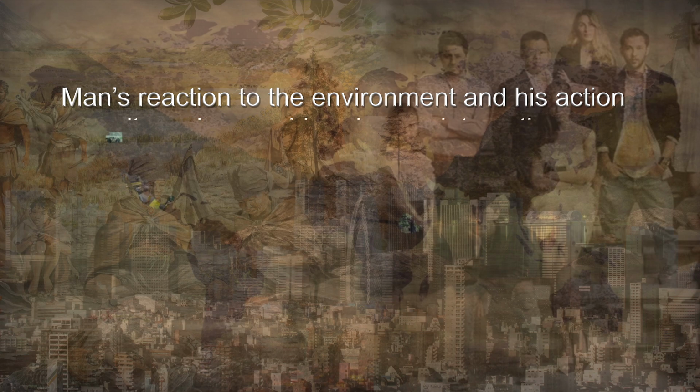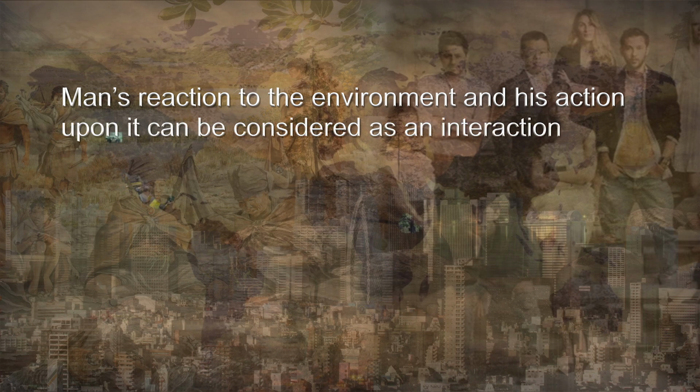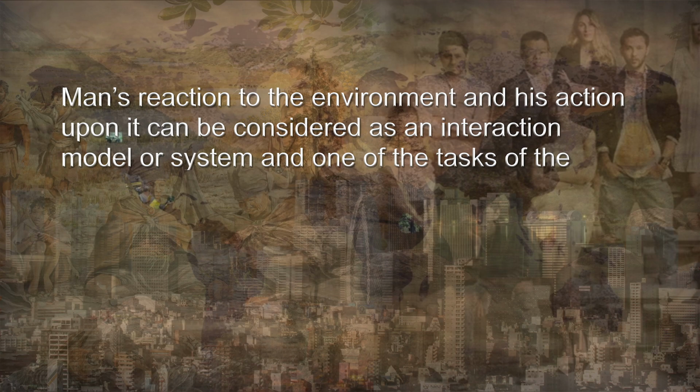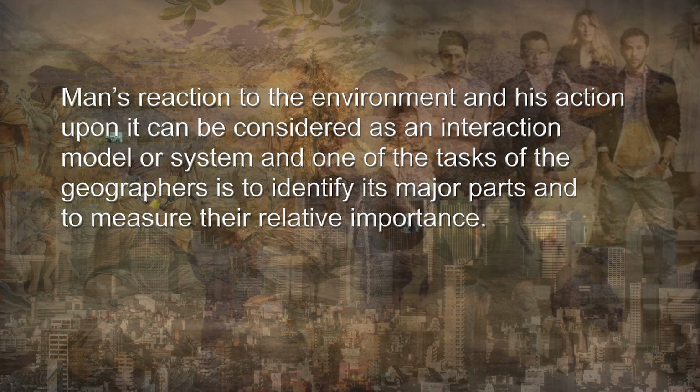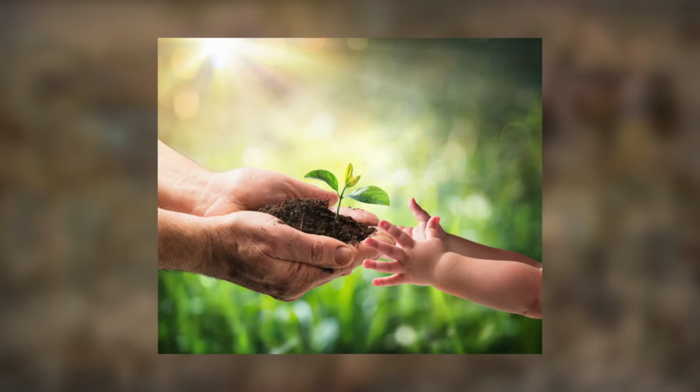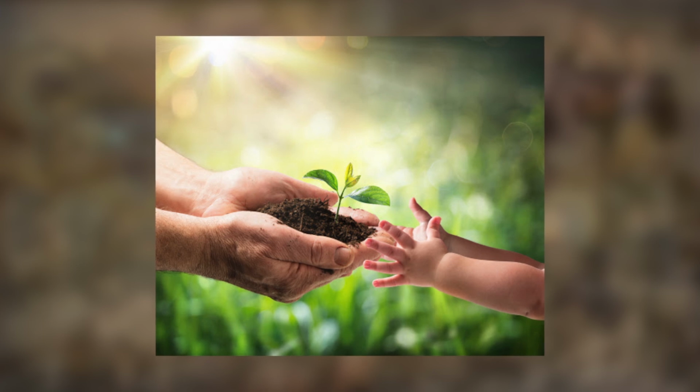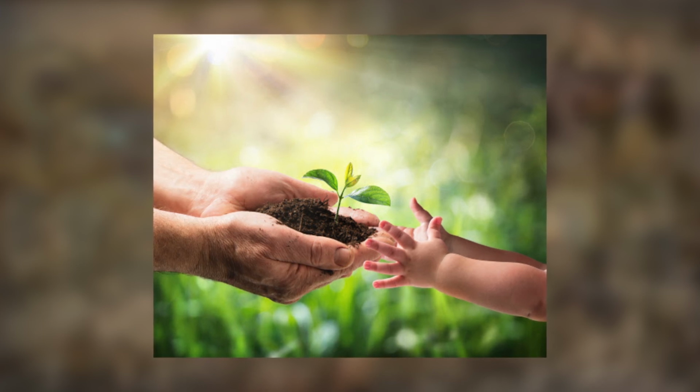Man's reaction to the environment and his action upon it can be considered as an interaction model or system, and one of the tasks of the geographers is to identify its major parts and measure their relative importance. The three basic elements in this model, man and the environment and the relationship between them, are examined.